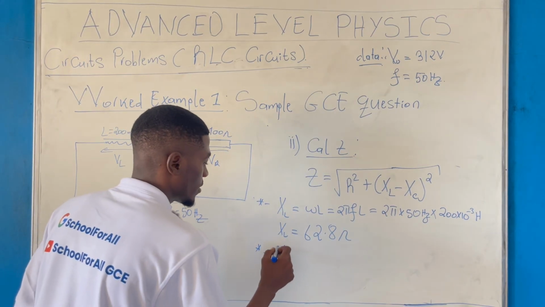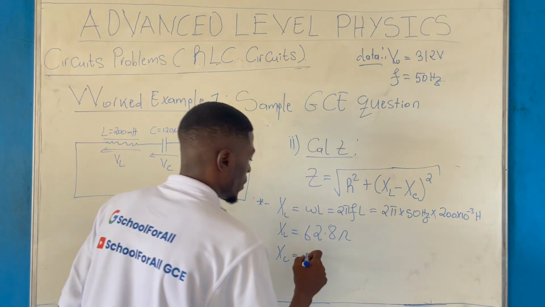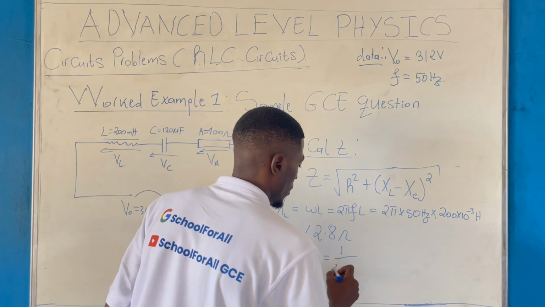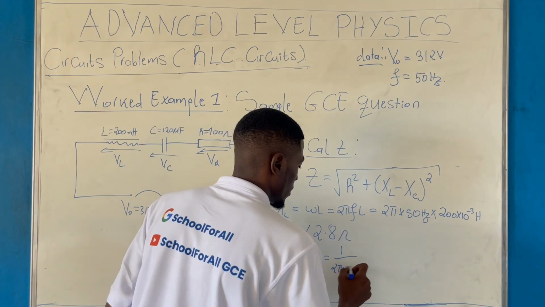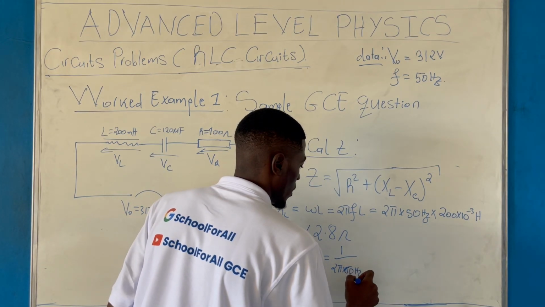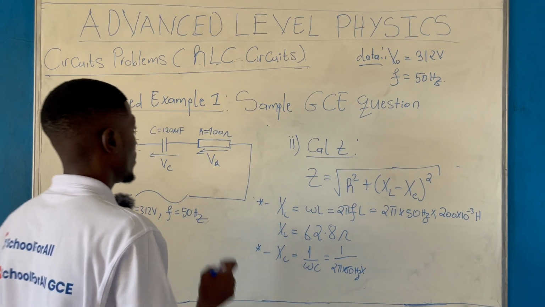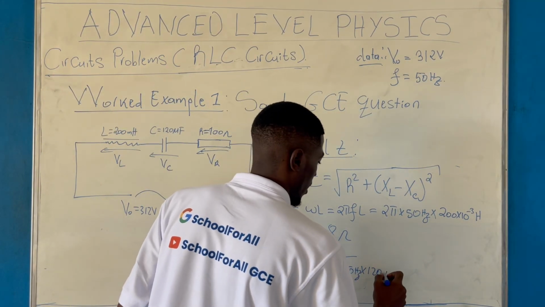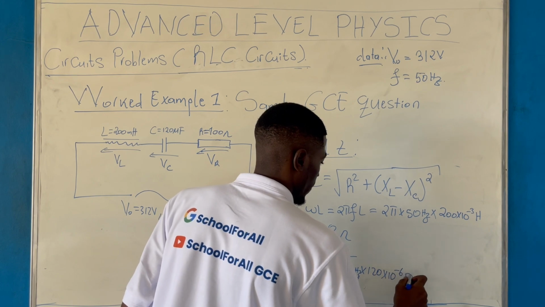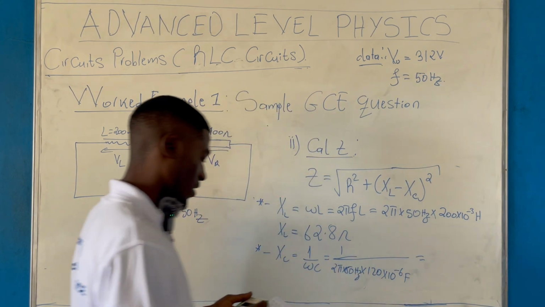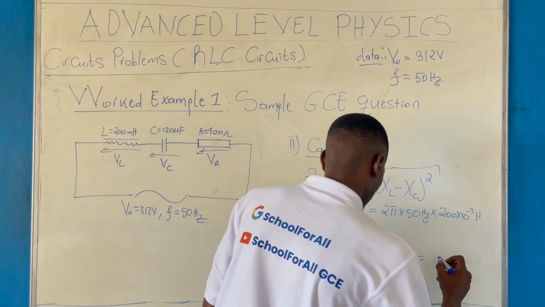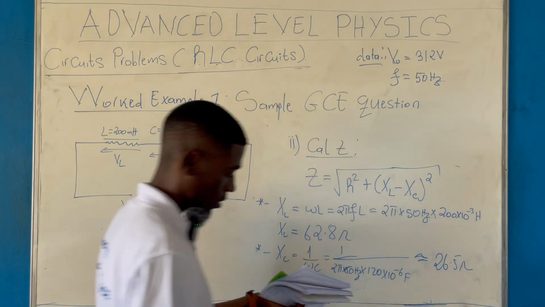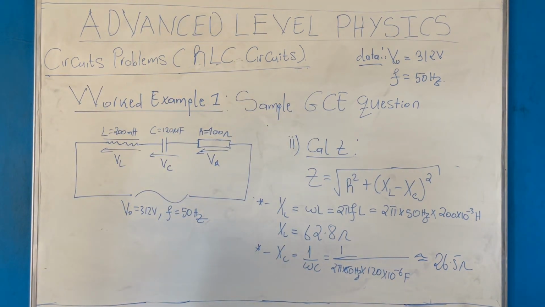Now let us proceed with XC. XC is 1 over omega C. So I have 1 over 2 pi times 50 Hz times C, where C is 120 microfarad, times 10 to the negative 6 farad. After the numerical application, it equals 26.5 ohms.